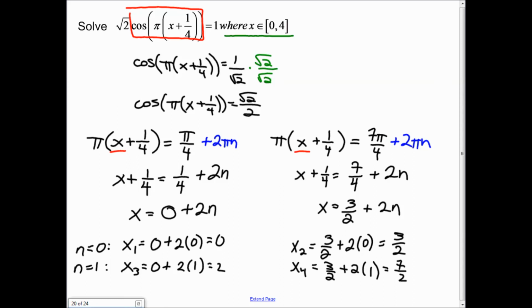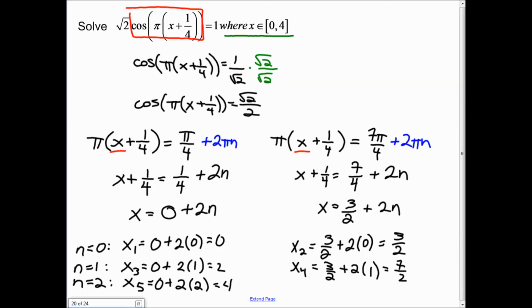And this still falls within the range of 0 to 4, because 7 over 2 is 3.5. And so it's still valid. Now if we let n be equal to 2, our next x value is going to be 0 plus 2 times 2, which is equal to 4. So again, this is still valid, and so we can accept it.